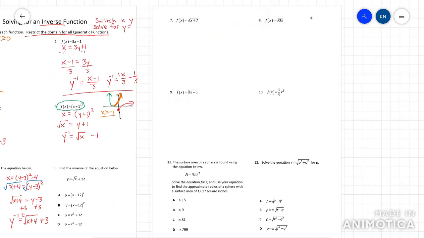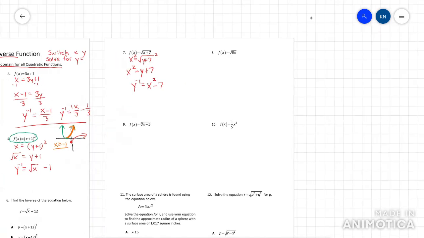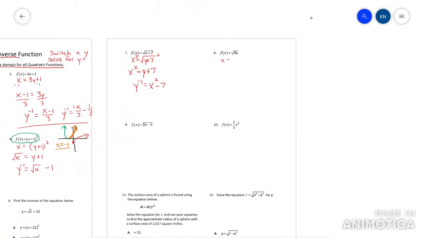Okay, moving right along. Switch x and y. Cancel the root by squaring. Subtract 7. The next one, switch x and y. Cancel the root by squaring. Divide by 3.